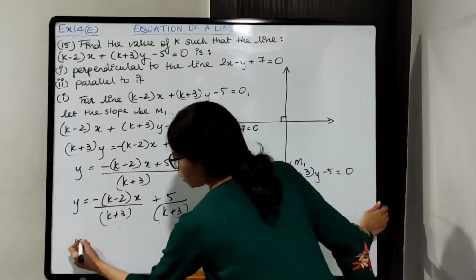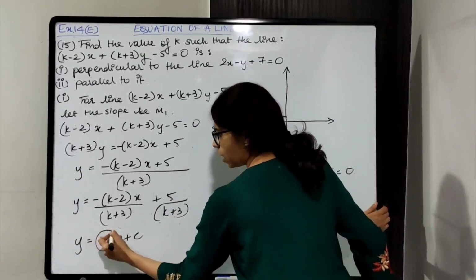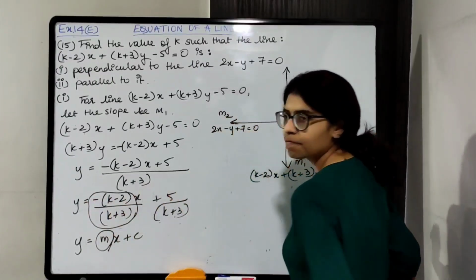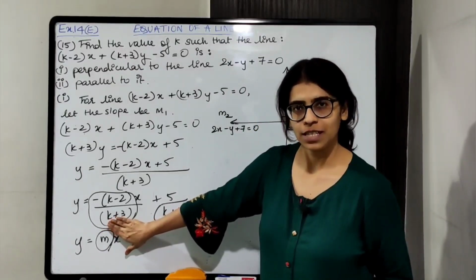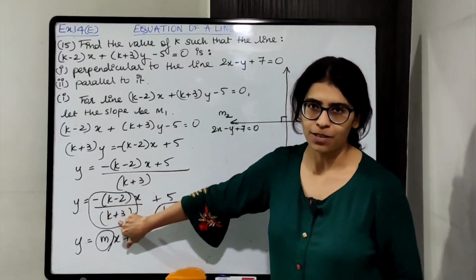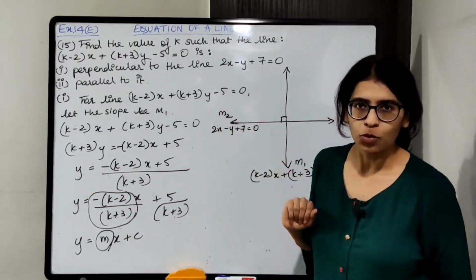What is the standard form of the equation? y equals mx plus c. What will m be? m is this part. Okay, so the slope of this equation is minus (k minus 2) upon (k plus 3). So we got the value of m1. In the same way we will find the value of m2.